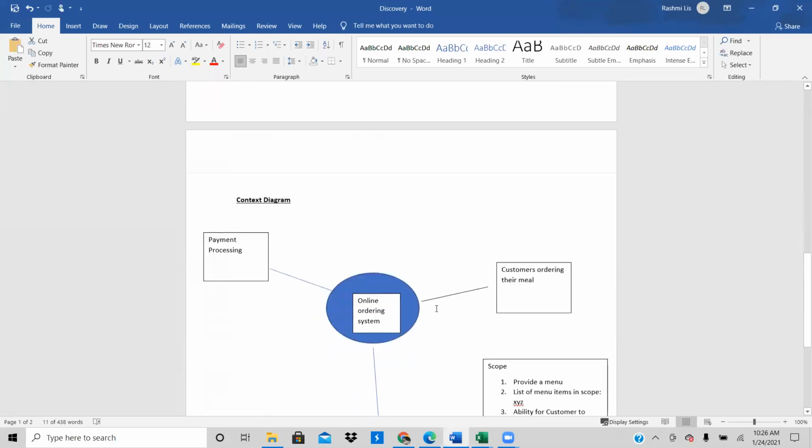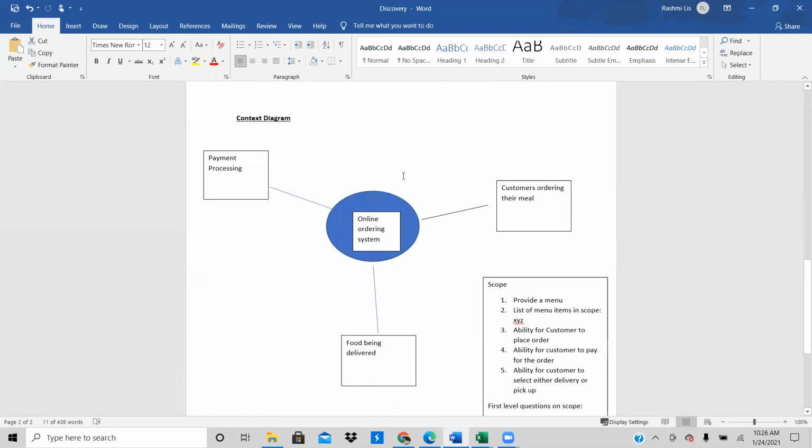All right, next, don't get scared with context diagrams, because it's really a circle with boxes. Think of it that way. Context diagram 101 is a circle in the middle, which is the system that needs to be built, and there are boxes on the side with arrows going back and forth.